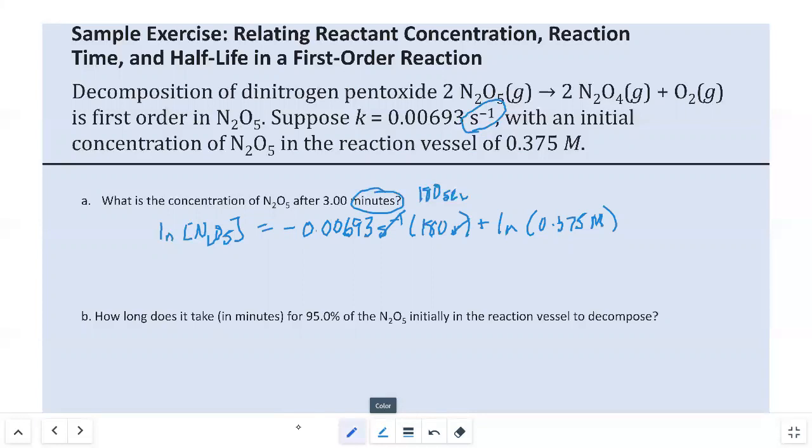So negative 0.00693 times 180 plus the natural log of 0.375 is going to give us a value here of negative 2.23 molar.